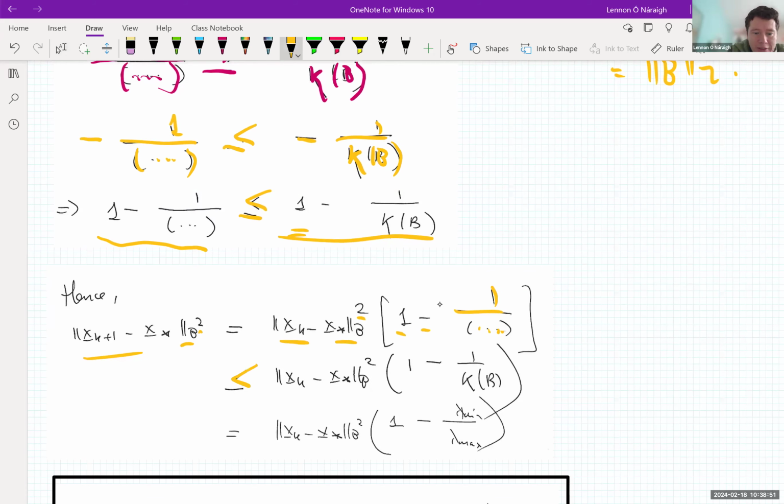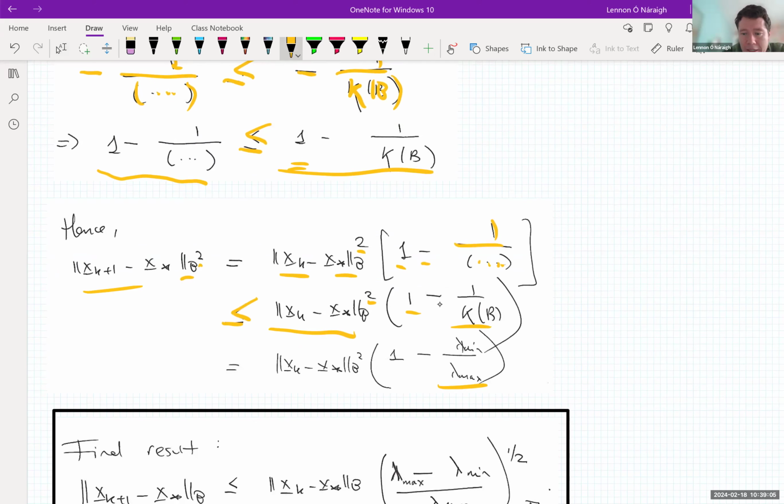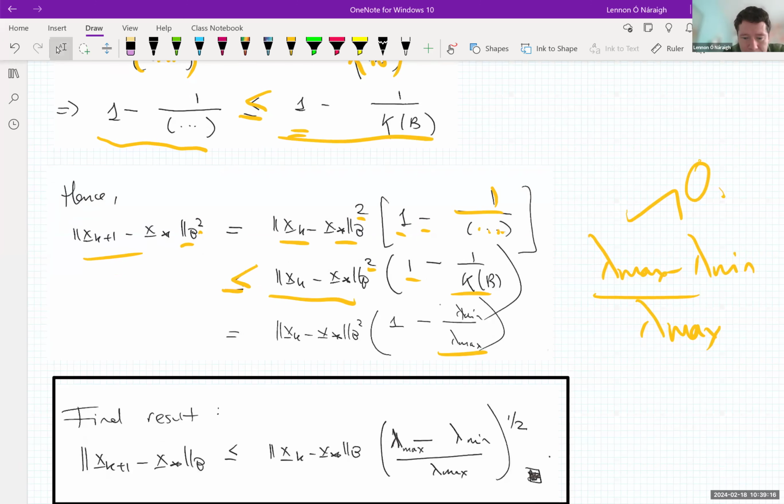And now I've worked out carefully that this is less than or equal to the b norm squared times 1 minus 1 over the condition number. And 1 over the condition number is lambda min over lambda max. And I just take a common denominator. And happily, for consistency, this is positive.